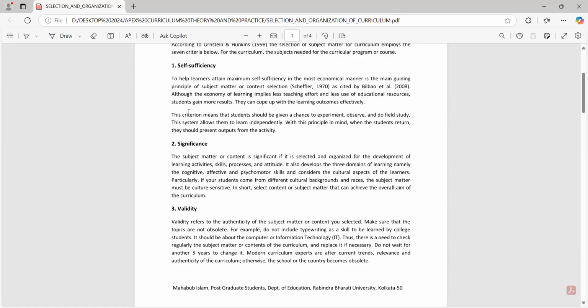Right. Thank you very much. That was Pavani. Am I right? Yes, madam. Good. So then we'll look at the second criteria, significance. When it comes to significance, that is the importance.